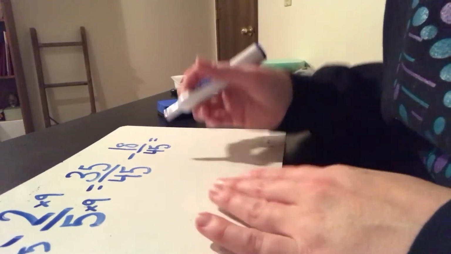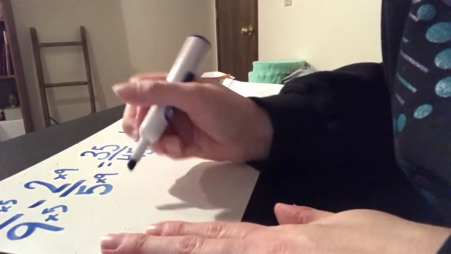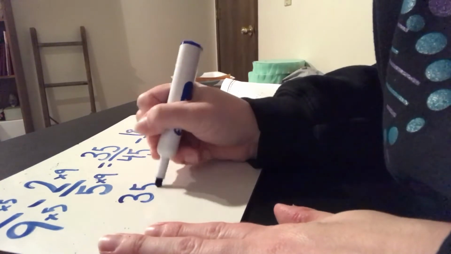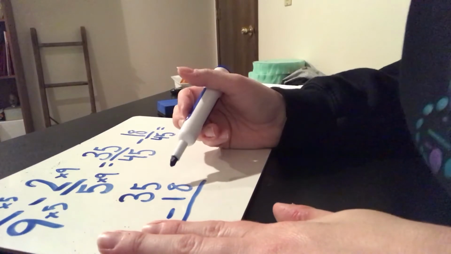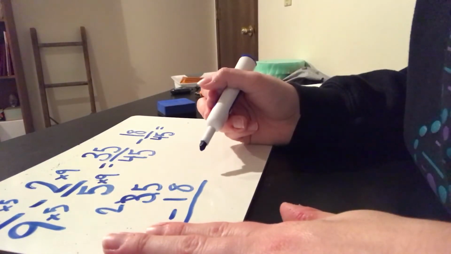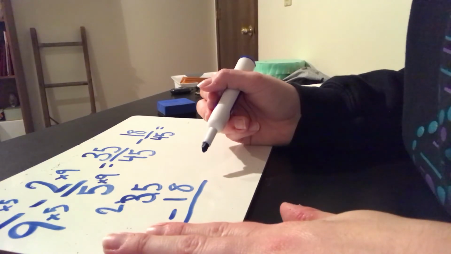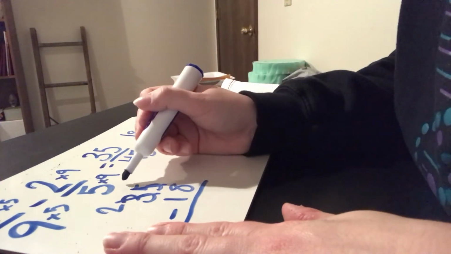35 minus 18. So sometimes I need some help with subtraction, so I like to line up the numbers this way. Okay, so I know I'm going to have to borrow here.